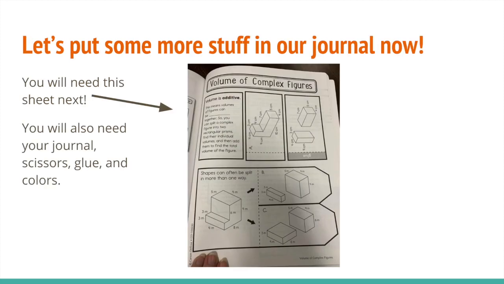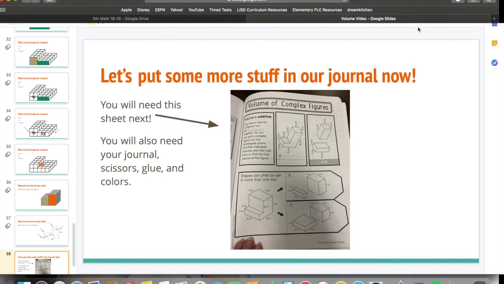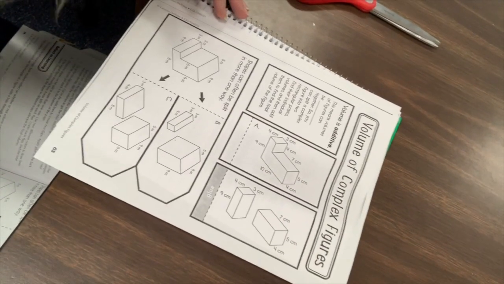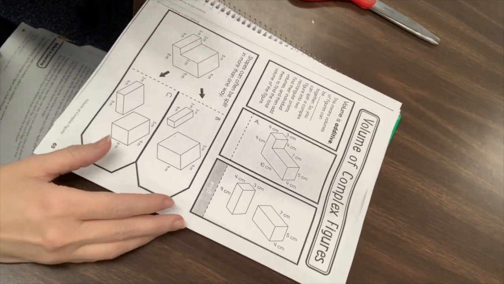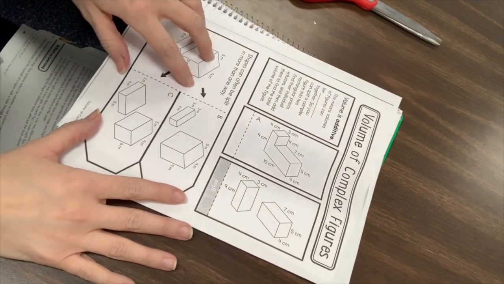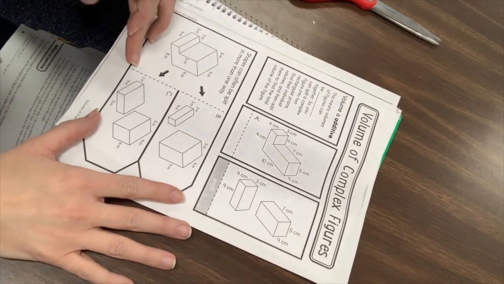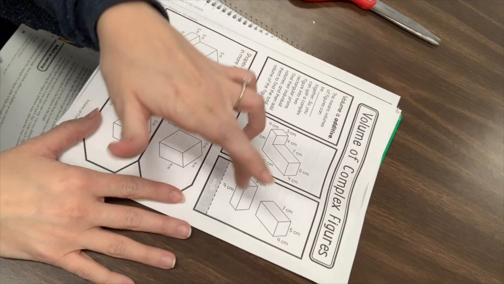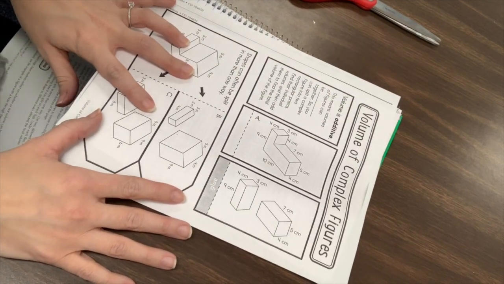So let's put some more stuff in our journal now. You're going to need this last sheet. You will also need your journal, scissors, glue, and colors. All right, on this next one, you may color and cut. Do not cut on dotted lines. So you should have 1, 2, 3, 4, 5 pieces.